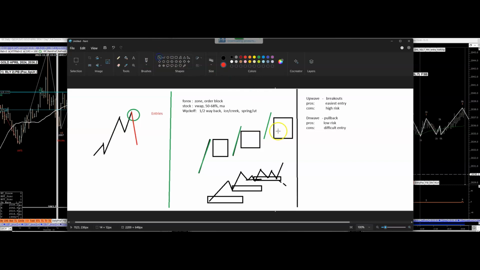The other approach is if you buy halfway back. If you're just going to buy halfway back, this is a very easy thing, and if you know how to do this, I guess it's okay. There are times when it's not halfway back. I've seen plenty of times when it's not halfway back.